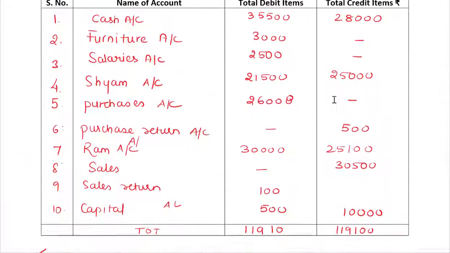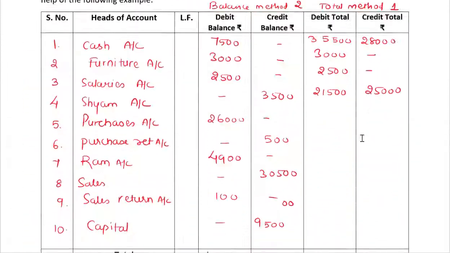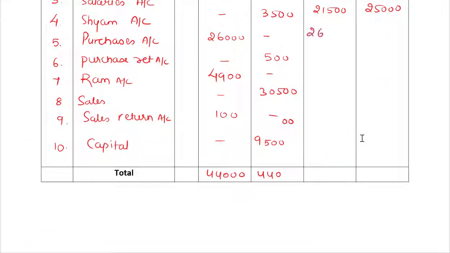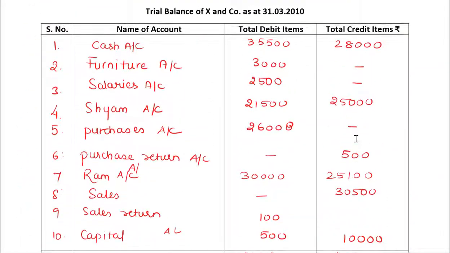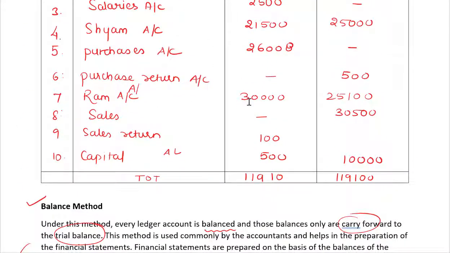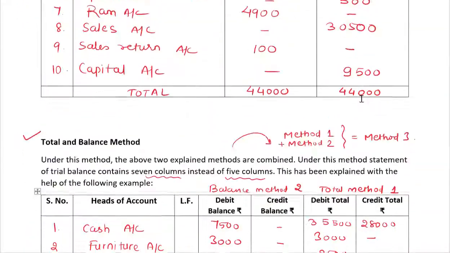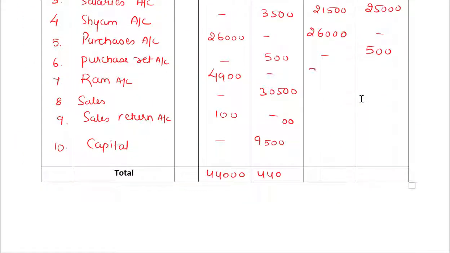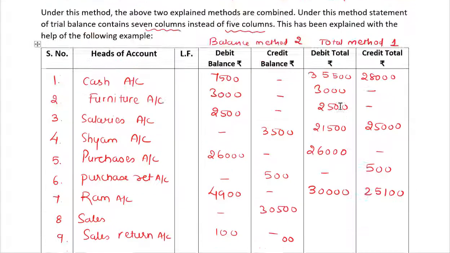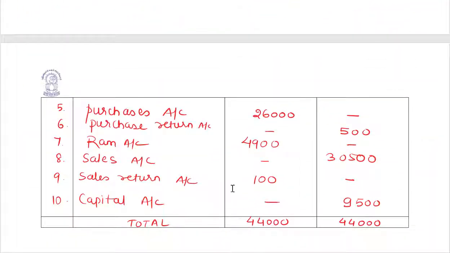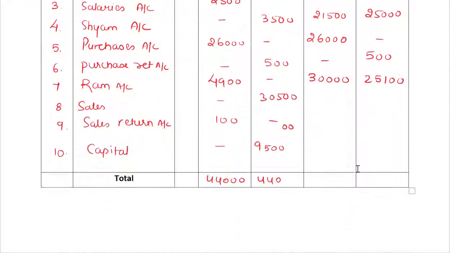Purchases account 26,000 on the debit side. Purchases return 500 on the credit side. Then Ram's account 30,000, 25,100. Sales account we have 30,500 on the credit side.